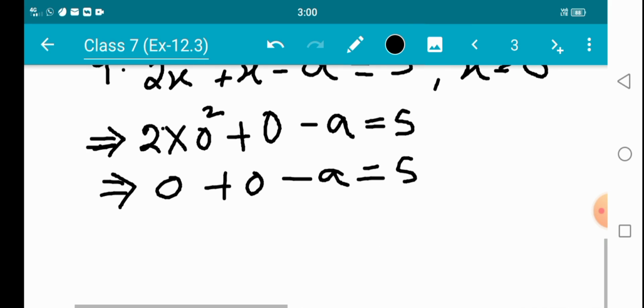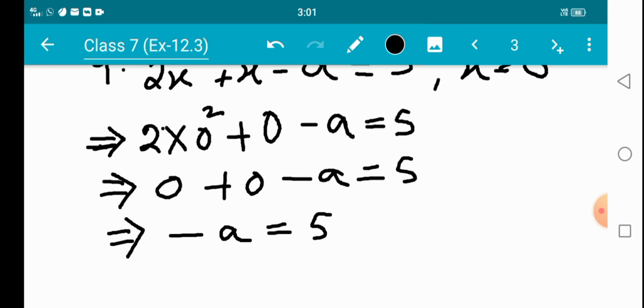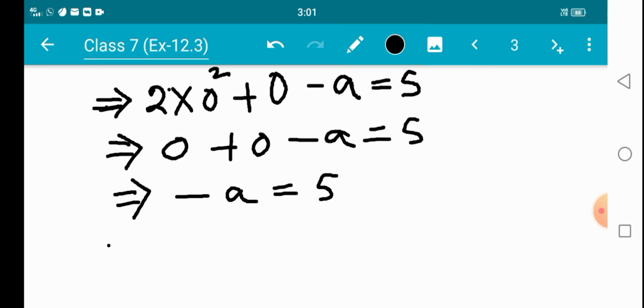To find the value of a, you are not finding the value of 0, and 0 has no value, so we are not writing this one again. We will just omit these zeros, and minus a equal to 5. But we have to find the value of a, not minus a. So I will multiply minus a by minus 1 on the left side.